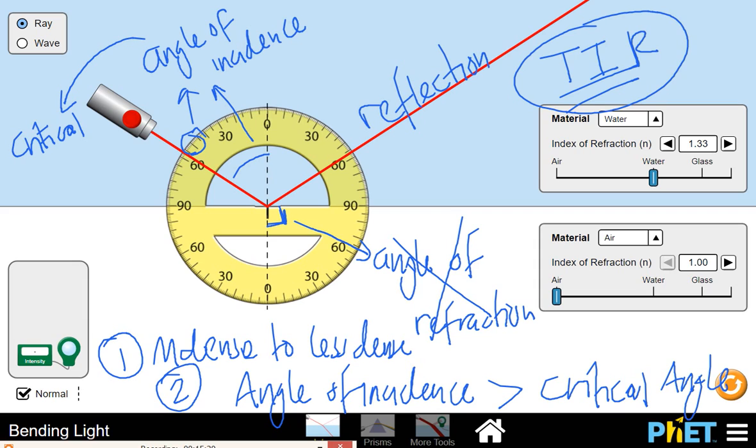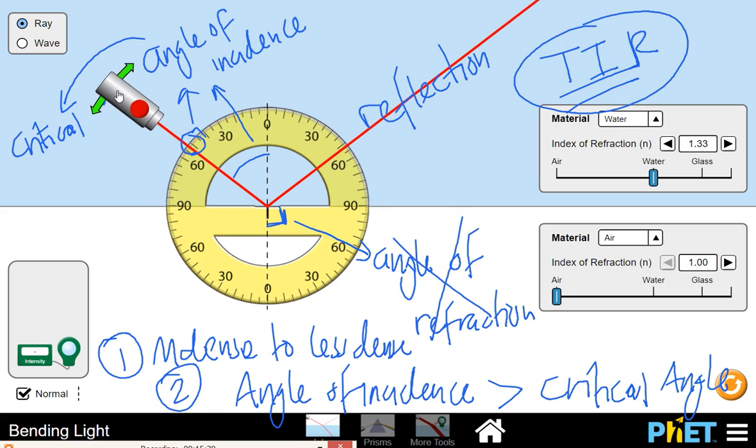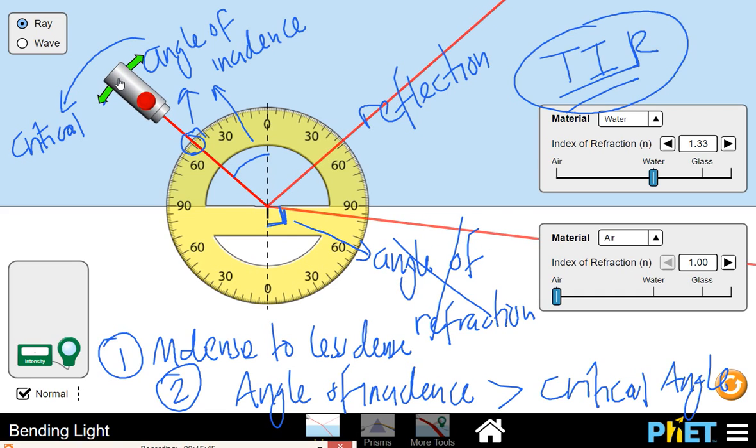So in this case, if I were to find that critical angle, I need to reduce it so that I can see the refracted ray. Here we go. I'll try to get it down very close to 90 degrees, and it's very hard. I'll try my best, slowly.